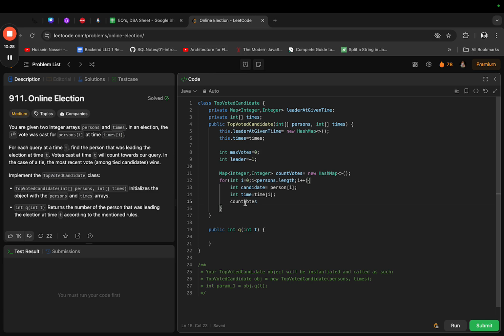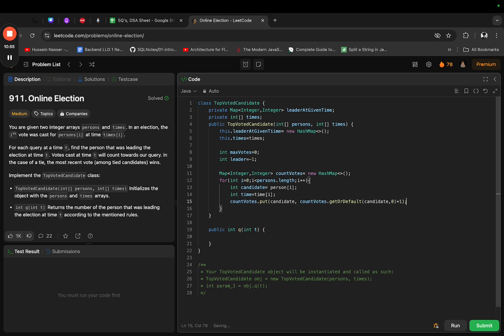So candidates dot put candidate comma count votes dot get or default of candidate comma 0 plus 1.